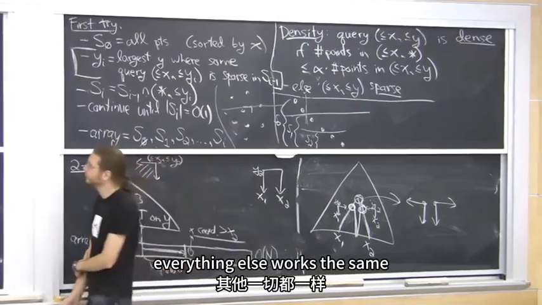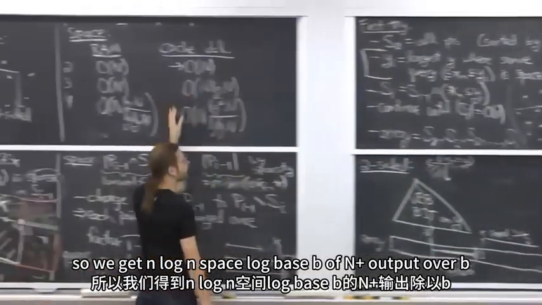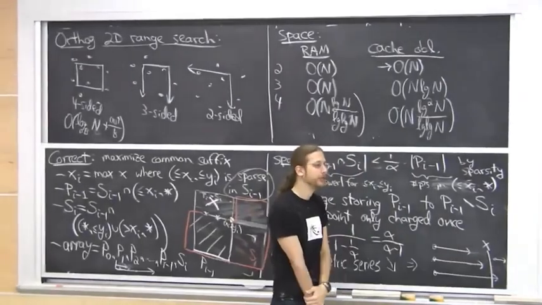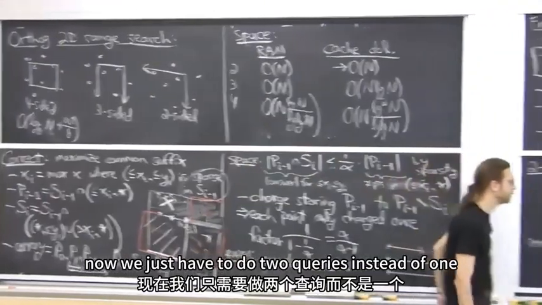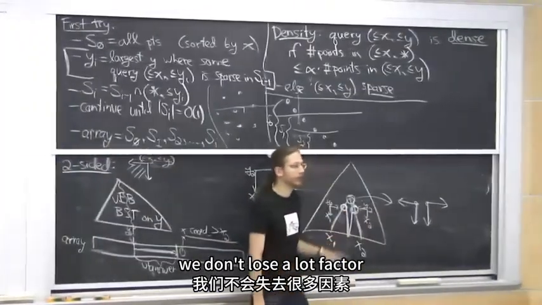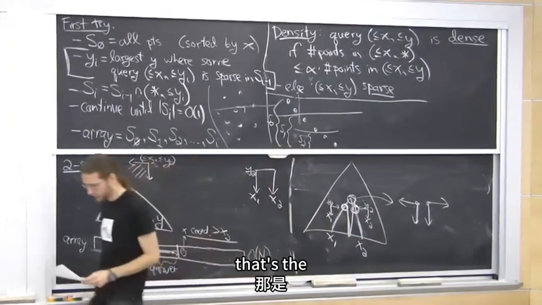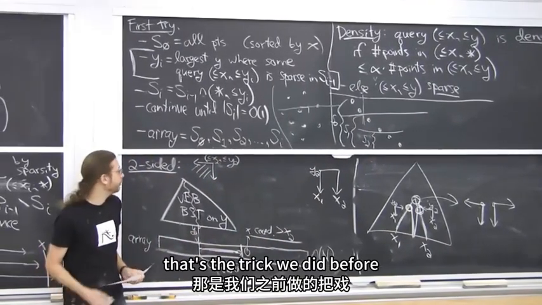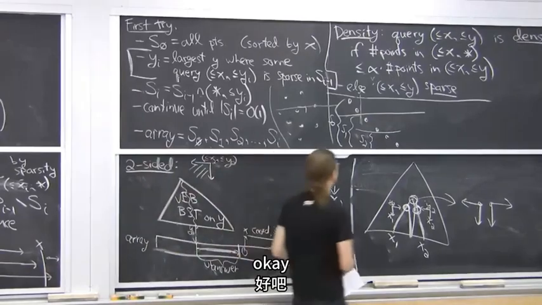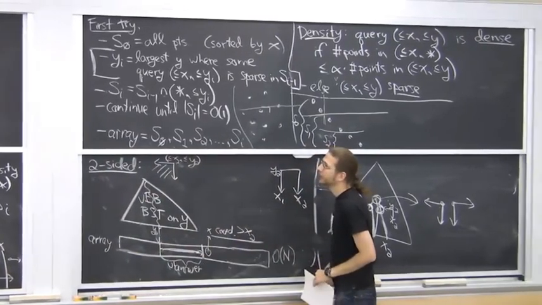Everything else works the same. So we get n log n space, log base B of n plus output over B query. Because now we just have to do 2 queries instead of 1. We don't lose a log factor. That's the trick we did before. Okay, that was easy.